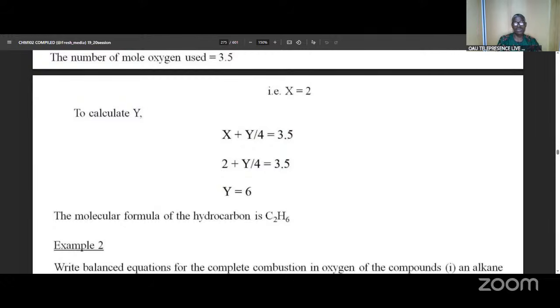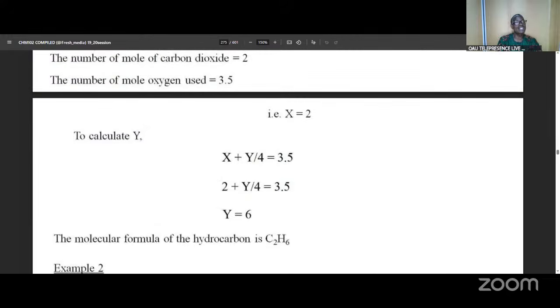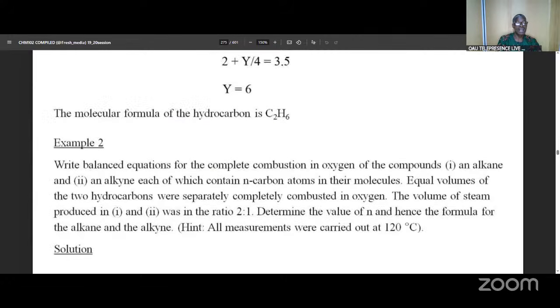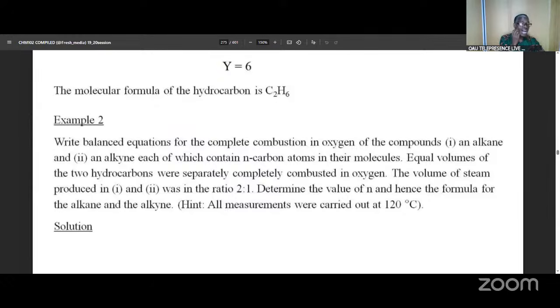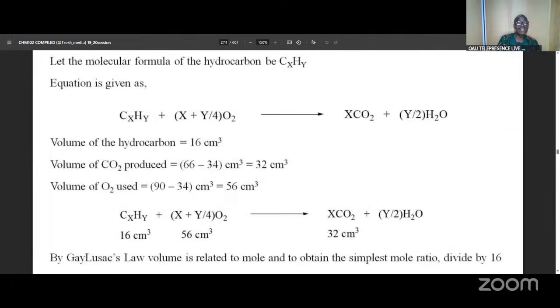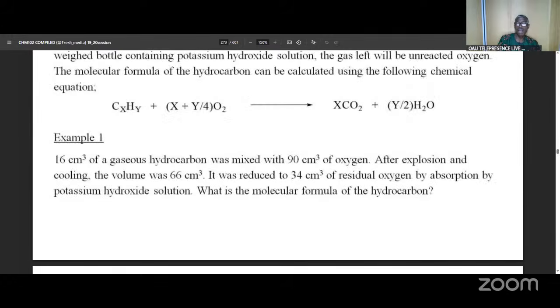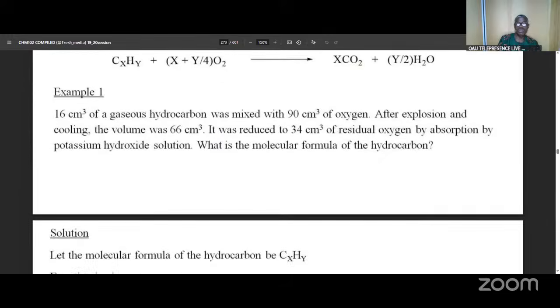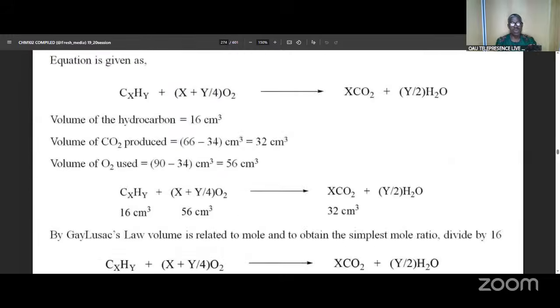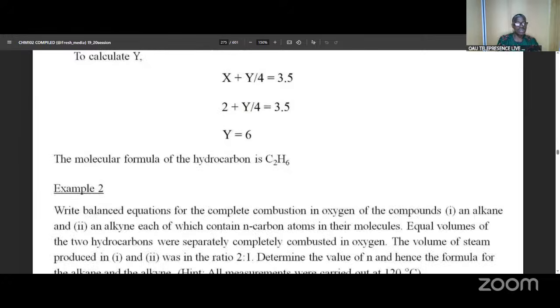Since our x is 2, our y is 6, just substitute that in our CxHy. And therefore, we are able to completely solve the problem, which says we are to determine the molecular formula of the hydrocarbon, and that is what we have just done.